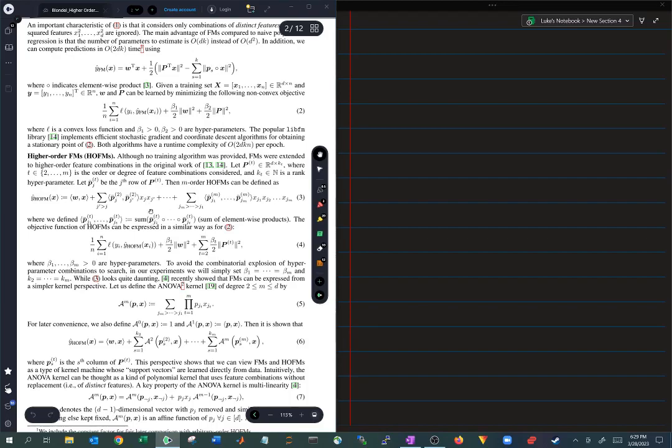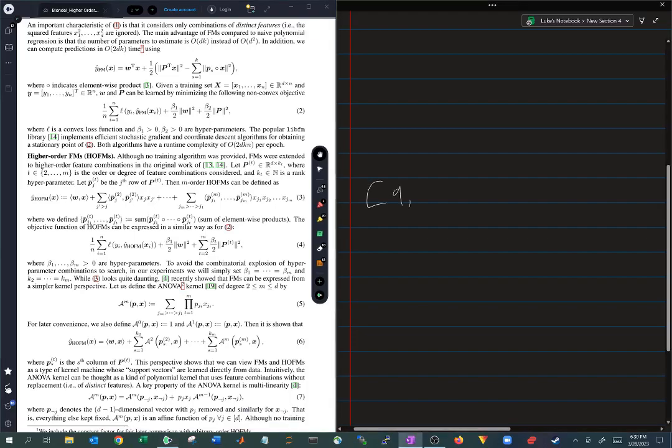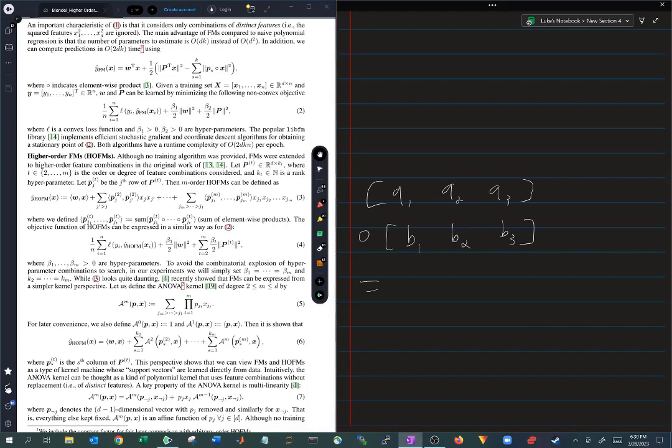Let me just write out an example. So A1, A2, A3 times B1, B2, B3. If we use this circle as element-wise product, so this is just going to be A1, B1.